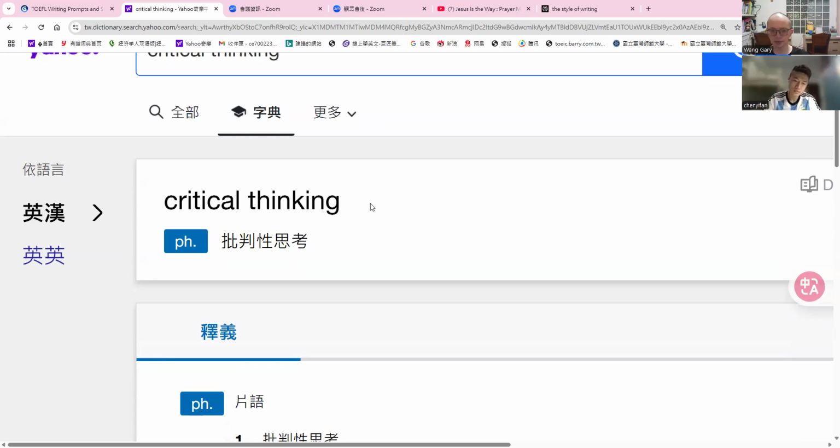And once again, I want to emphasize that it's not just for TOEFL IELTS writing. It is also hugely important for your future study, PhD program. Because every time you are reading journal articles or papers, you need to think critically. So we have to start training right now.